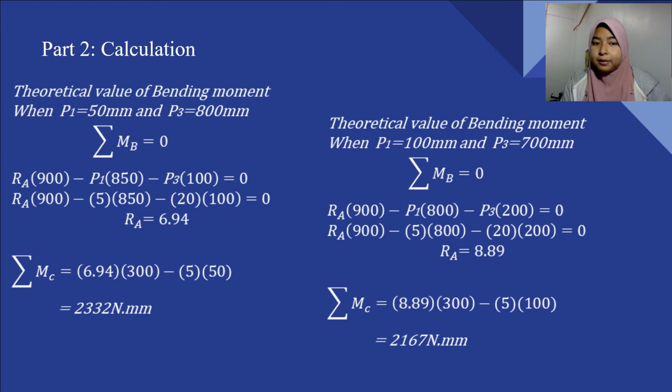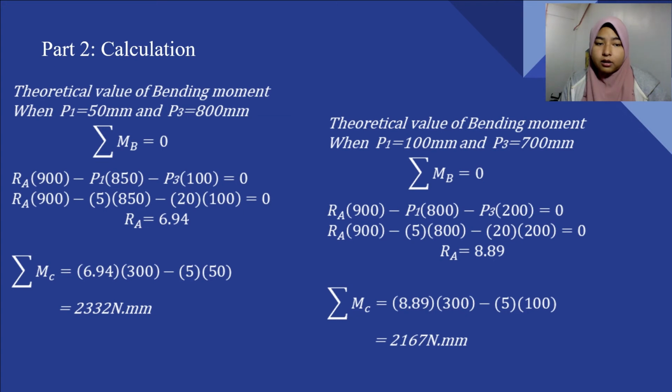So we put load at P1 and P3, so we need to minus at P1 and P3. As in part 1, we only put load at 1 point, so we minus at 1 point only. But in part 2, we put load at 2 different points, so we need to minus at the points that we put the load. So we minus with P1 and P3.